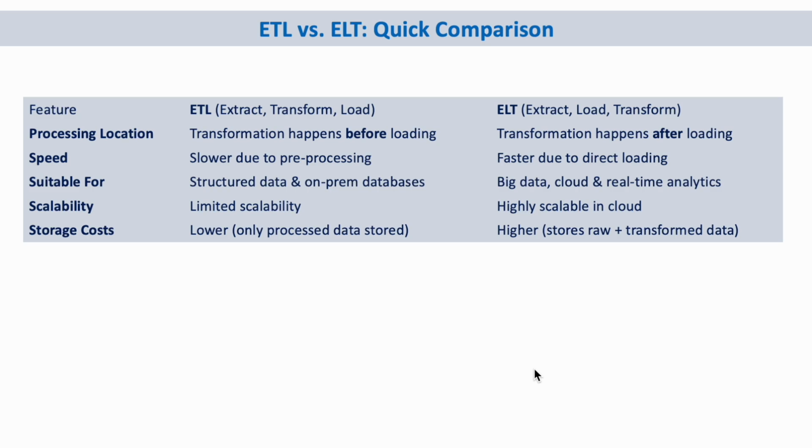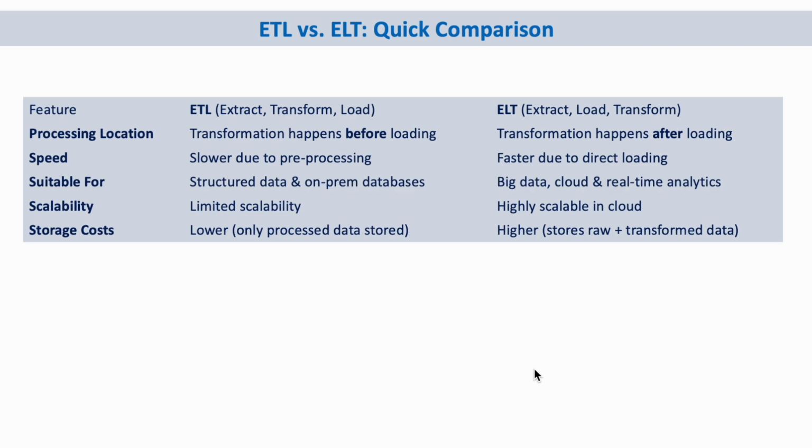What is the speed level? ETL will be slower due to pre-processing. The data will be transformed at the extract location, the source itself. Mostly the sources will be OLTP or smaller systems, so obviously the data processing will be very slow.